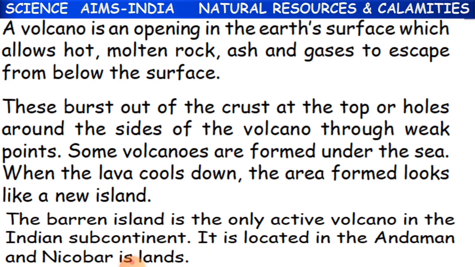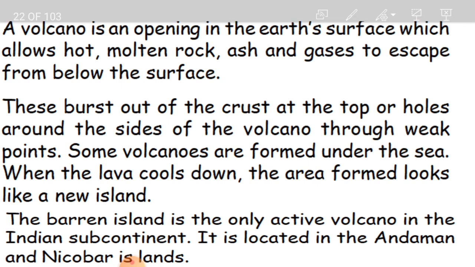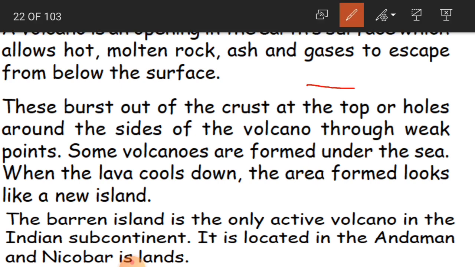So what is a volcano, children? It is an opening in the earth surface. Like suppose this is the earth. As we have learnt, inside the earth we have so many layers, and we have a very hot layer. What are those? Inner core and outer core, where you have that hot liquid.